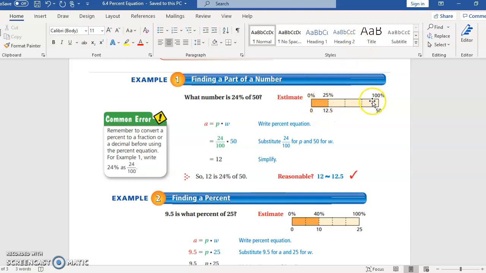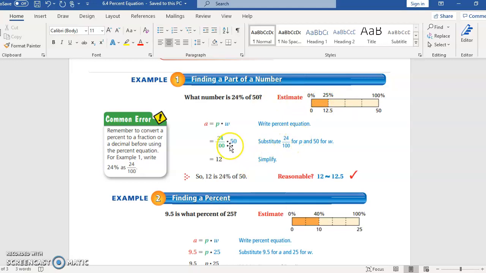Also, if you look over here, you can always use the double tape measure to give yourself a good estimate. 25% of 50 is 12.5, so our answer should be a little less than 12.5.